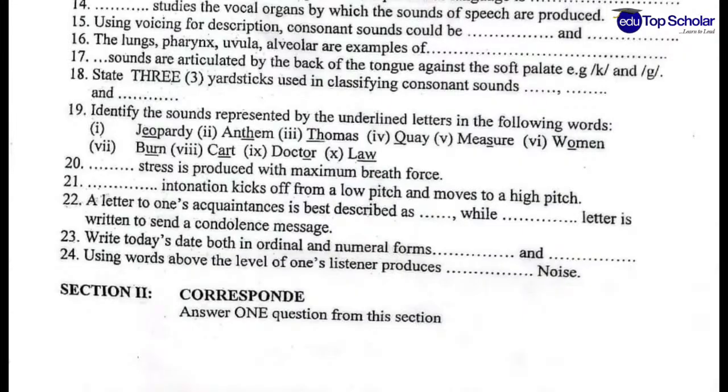Formal letter is a letter you write to someone you are not familiar with, for official reasons, not personal reasons. Informal letter is a letter you write to people you are familiar with, people you know very well. So a letter to one's acquaintance is best described as an informal letter.